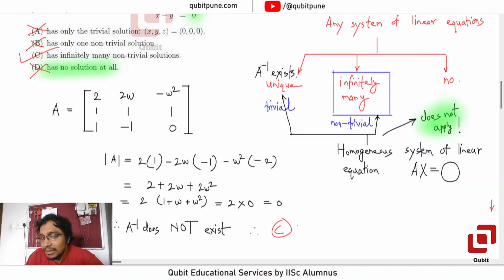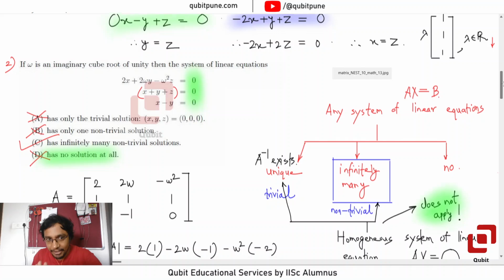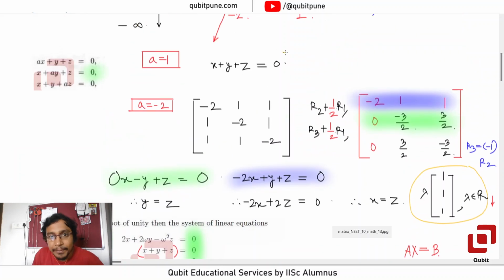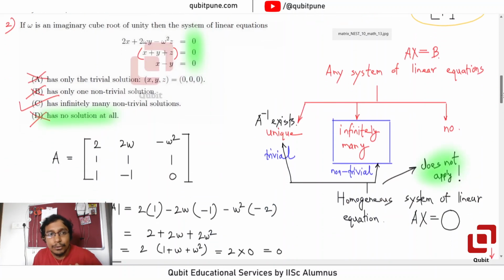Have you understood this? Yes. Okay, now if you want, we can continue with this problem and try to find the general form of infinitely many solutions the way we did for the previous problem, if you want. Otherwise we will go to next MCQ.